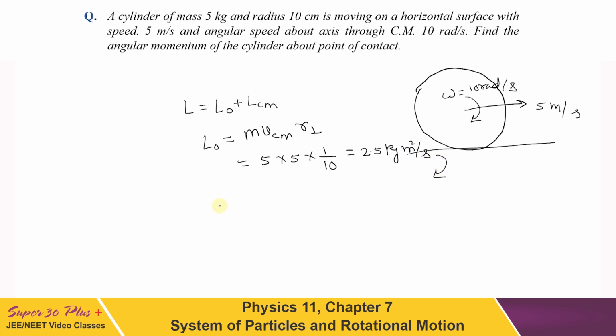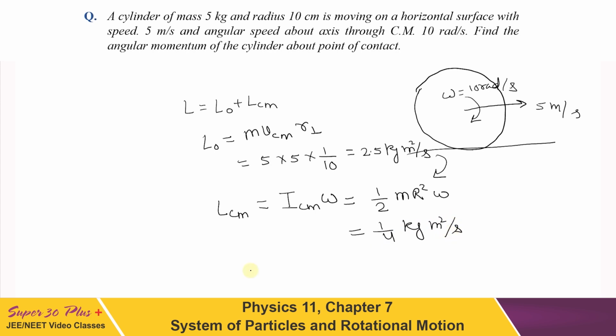Next we have to write LCM. This is the angular momentum with respect to the center of mass. Since it is in pure rotation, it can be written directly as ICM multiplied with omega. That is half mr square into omega, and if I put all the values numerically, it will come out to be 1/4 kg meter square per second.